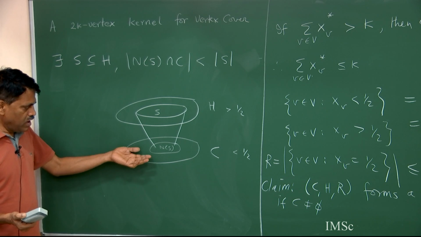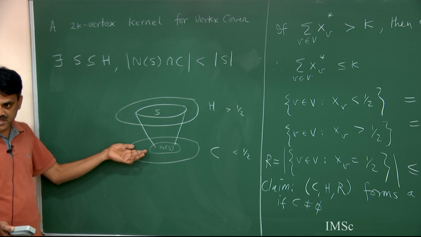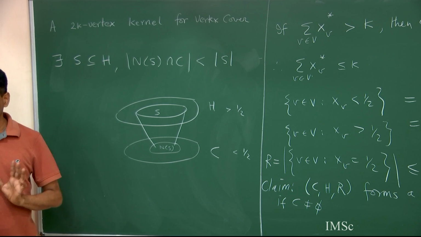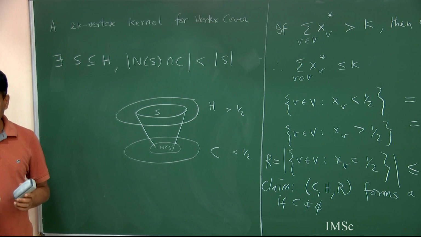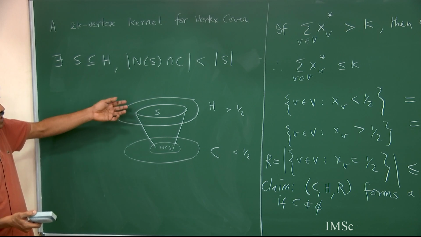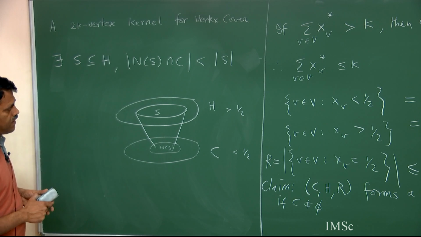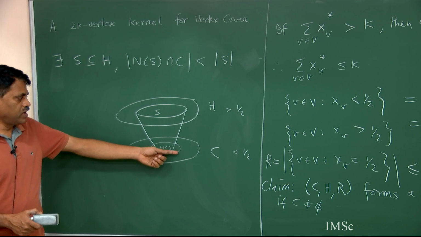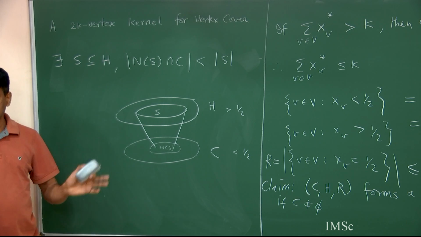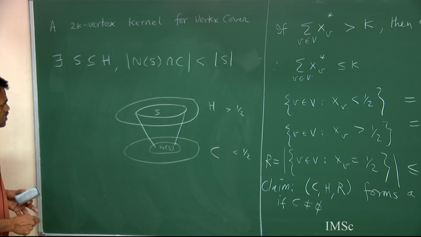Since I have increased less than what I have decreased, because this size is less, I would have gotten a smaller solution, which contradicts the fact that what I have is an optimal solution to the LP. Okay. So what epsilon should I choose is the question. What epsilon should I choose so that I can decrease all of these guys by epsilon, don't touch anybody else, increase all these guys by the same epsilon, and I want to argue that I will meet all the constraints of the LP? Okay, so what epsilon should I choose?